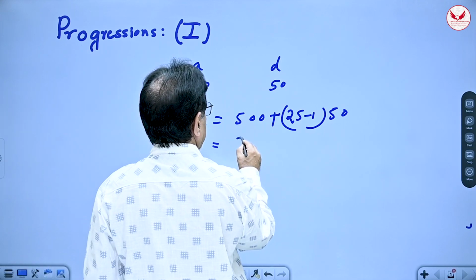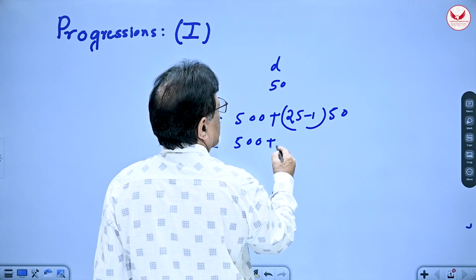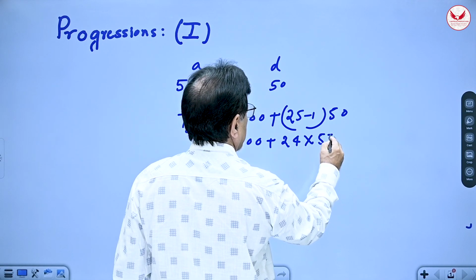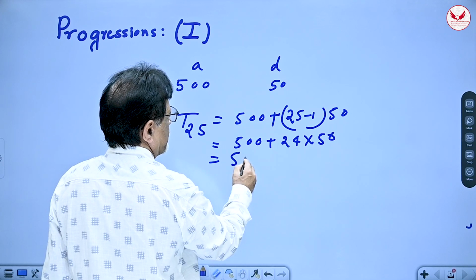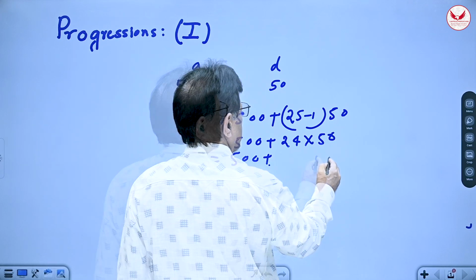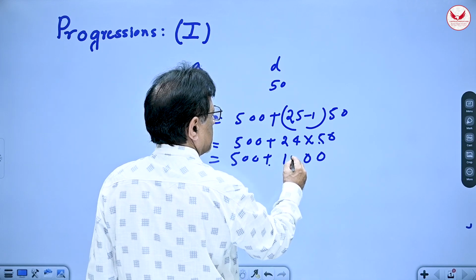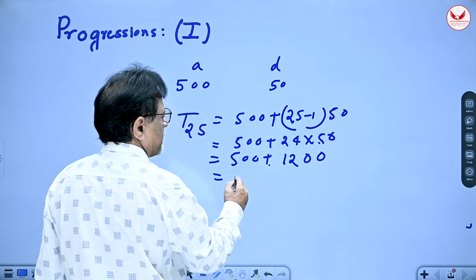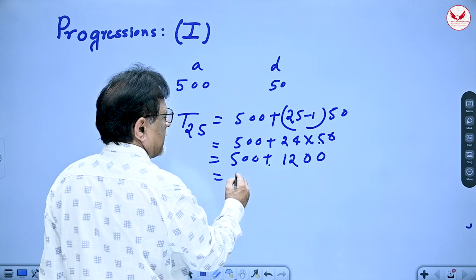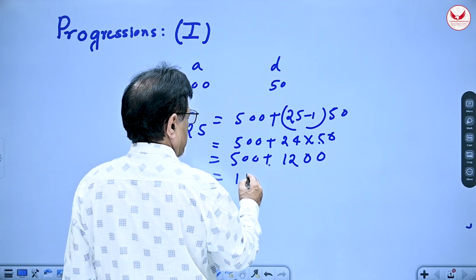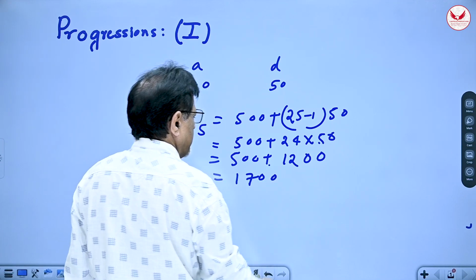So 500 plus 24 multiplied by 50, correct? Which gives you 500 plus 1200, right? So that means the monthly salary at the end of 25 years will be around 1700, correct?